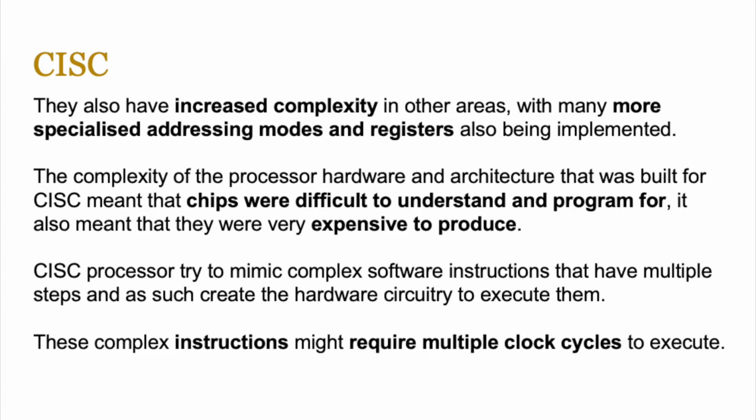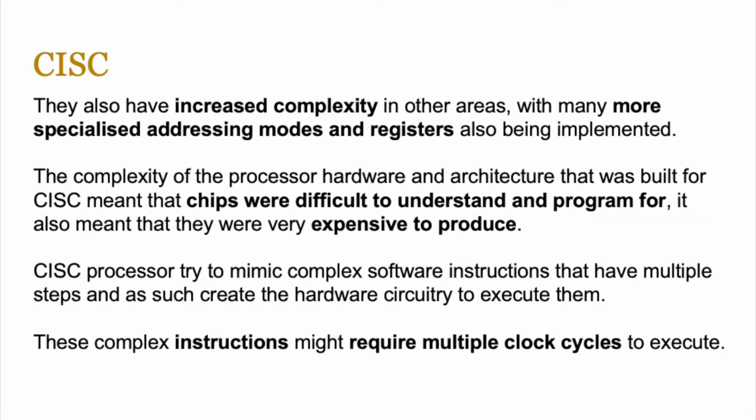Now, because CISC processors try to mimic complex software instructions that perhaps have multiple steps, by creating the hardware circuitry, they tend to include more logic, more transistors, and that's one of the reasons they generate more heat. And their size is often bigger, so that means they can't fit into mobile devices. And also the complex instructions themselves might require multiple clock cycles to execute because they are complex instructions, so they have to be broken down into sub-instructions which need to be executed per clock cycle.